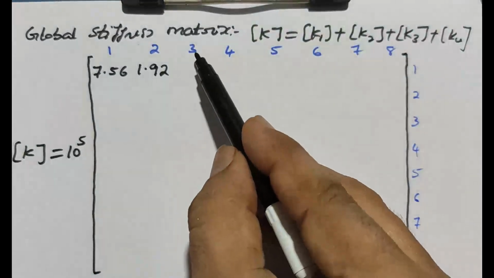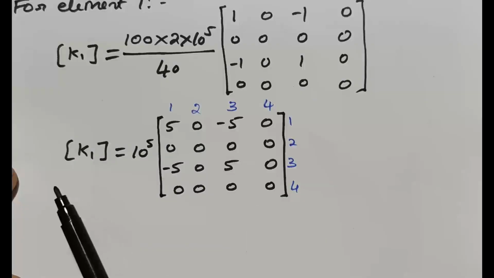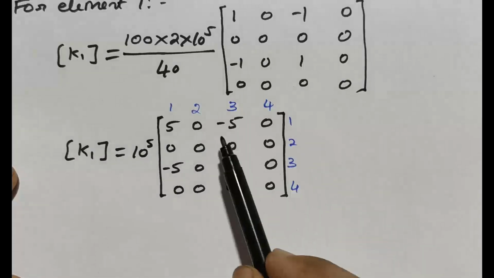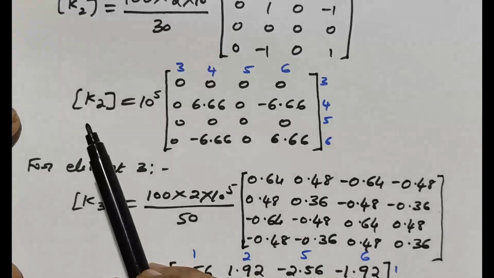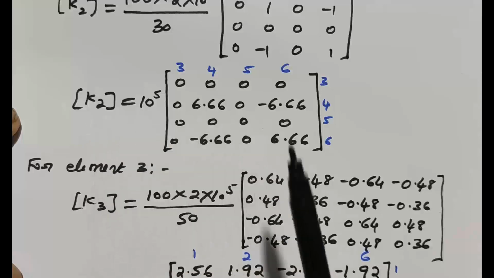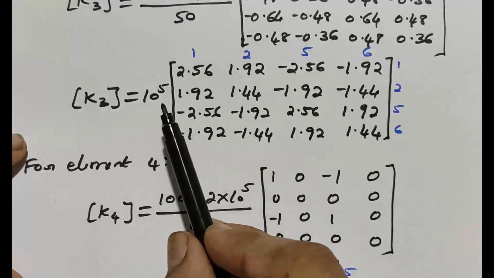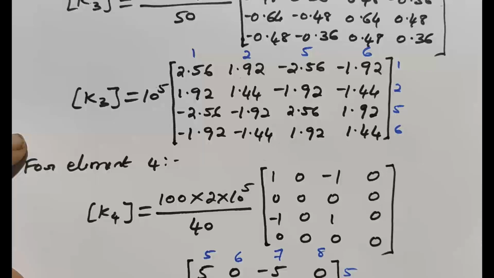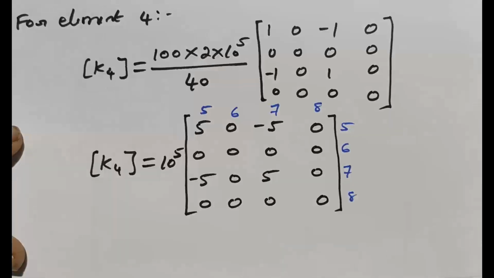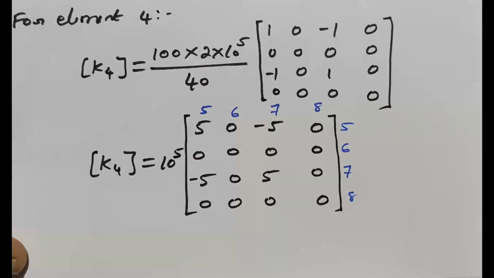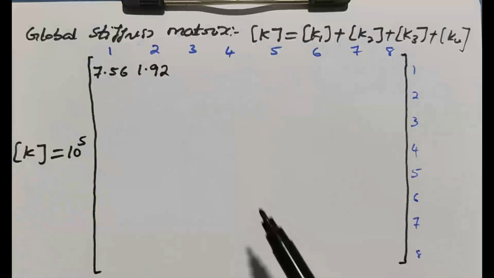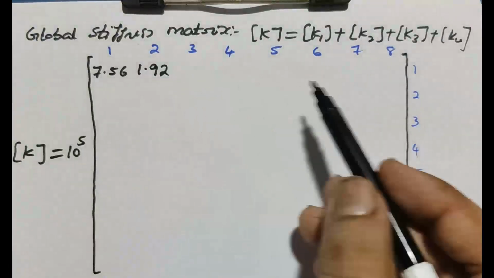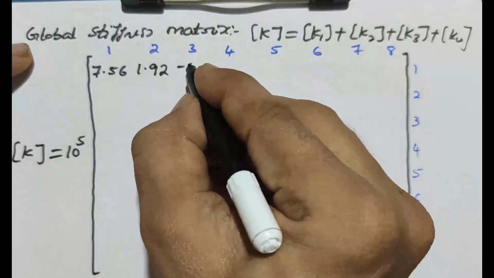Next we need element corresponding to 3 and 1. See here in K1 element corresponding to 3 and 1 is -5. In K2, K3 and K4 we don't have any element corresponding to 3 and 1. Therefore element corresponding to 3 and 1 will be -5.